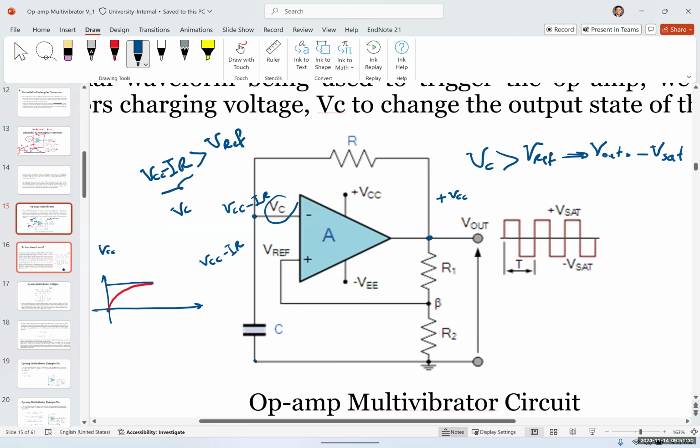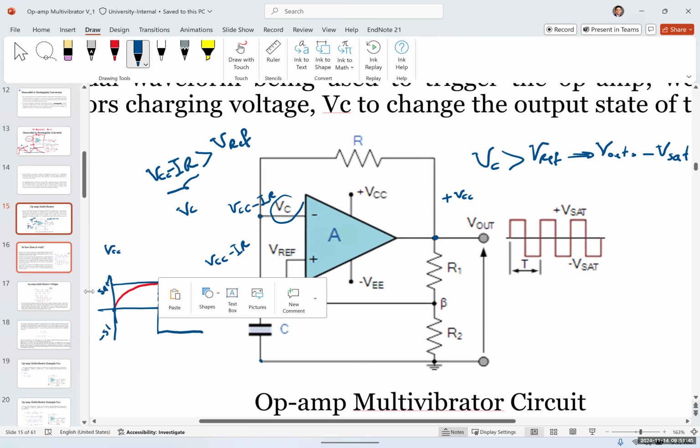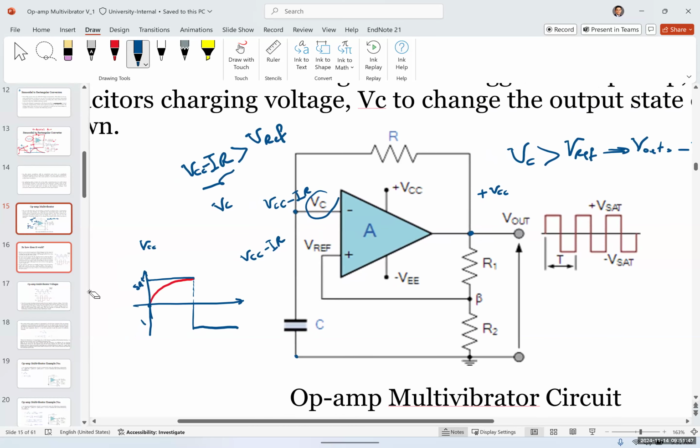So now the capacitor is trying to catch VCC, but suddenly the output has reached negative V saturation. So this is the saturation voltage, negative V saturation, which is VCC minus IR.